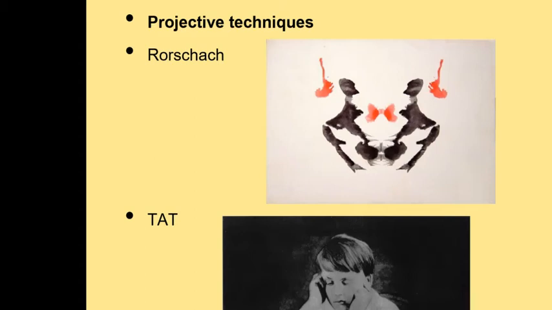The thematic apperception test is also a projective technique, and it's also about projecting your unconscious. It's more about projecting what you're feeling at the moment. So, if you look at the little boy here, this is an ambiguous little boy. What is he? You could place a whole number of interpretations on what is happening within this picture.